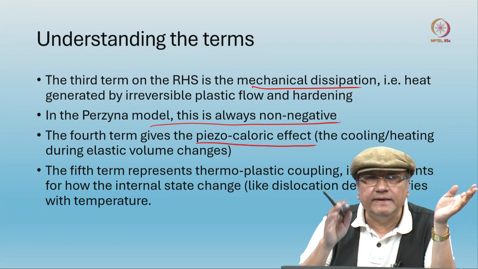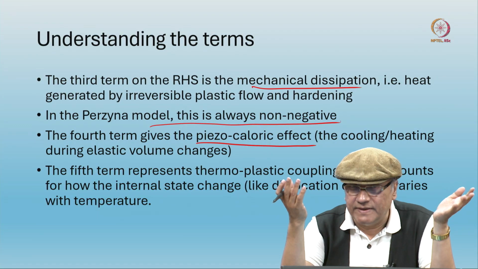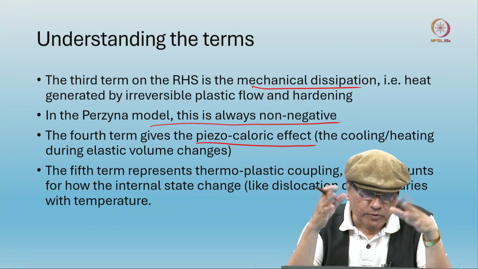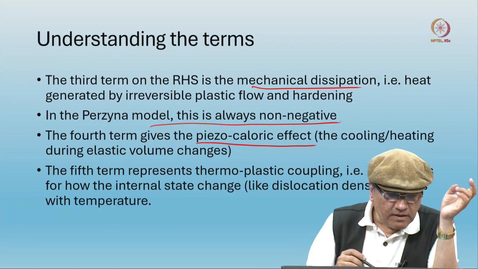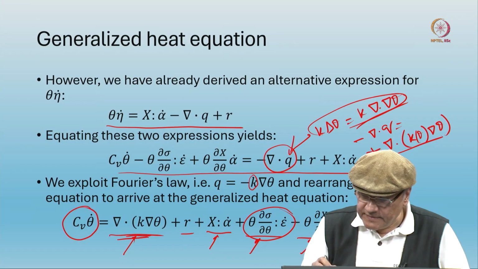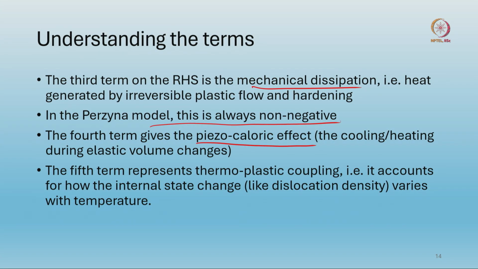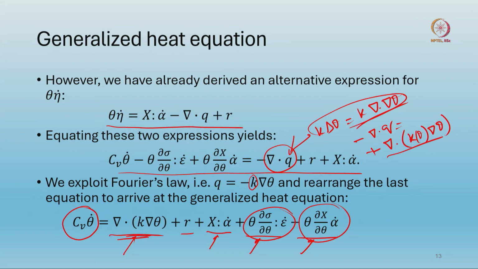Most people typically ignore this effect. It is seen typically not to be very significant. There could be exceptions. Let us talk about the fifth term, this. Now, this term is essentially the thermodynamic force X changing alpha, the microstructural rearrangement.